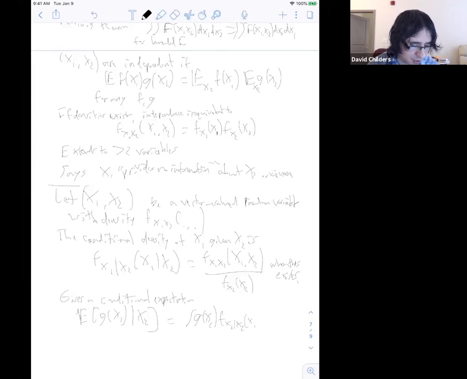And so the sense in which this is like a density is that you take the product of the conditional density times the function of which you want the expectation. And that gives you this conditional expectation. The difference here is that this is not simply a real number, but a function of x2, which is itself a random variable, and so is a random variable.